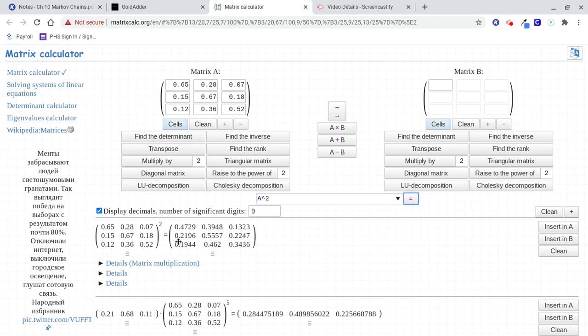Okay. So here's your P squared right here. These values.